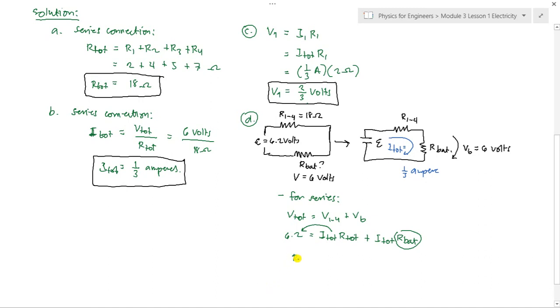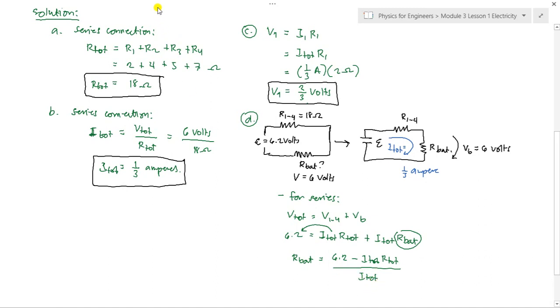So that is R battery is equal to 6.2, then minus I total R total, all over I total.